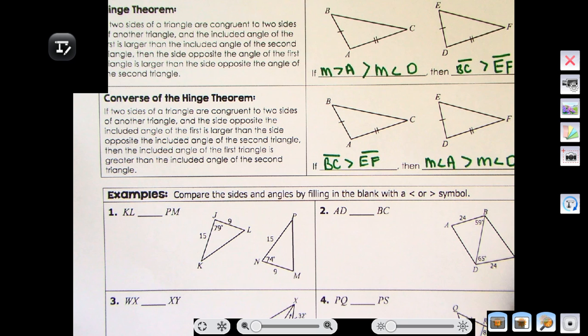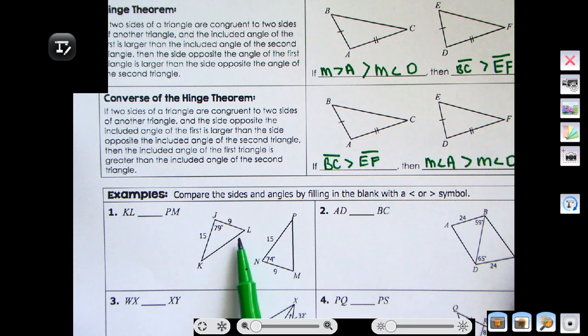What it's saying here is that you have these two sides that are the same, and then you have the included angle, the angle between them. In this one, 79 degrees obviously is bigger than 74 degrees.